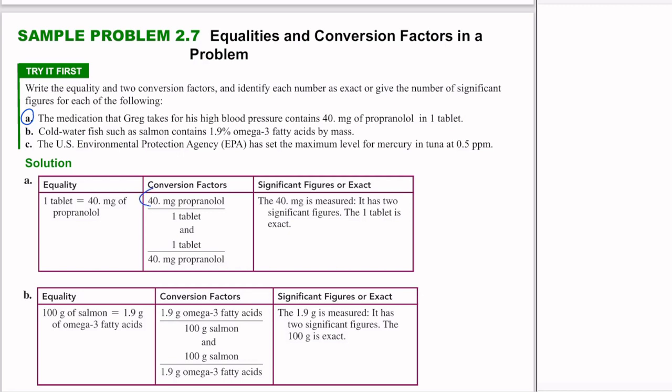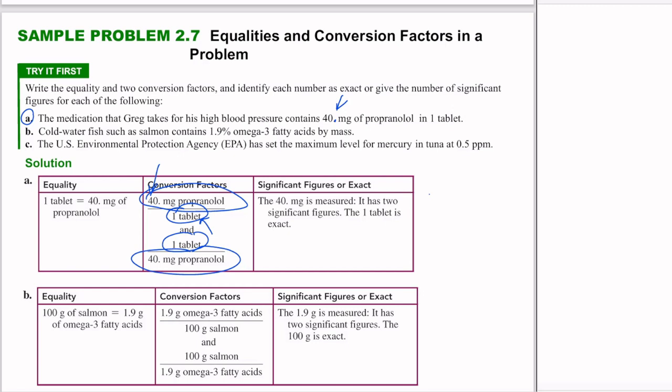We see that we have 40 milligrams of propanolol in one tablet, or one tablet is 40 milligrams of propanolol. The 40 milligrams is measured and the tablet is exact. So we don't need to limit our significant figures by the one tablet, but we would be limited to 2 significant figures for the 40. And notice that there's a decimal place behind the 40, and that means that the 0 is significant.